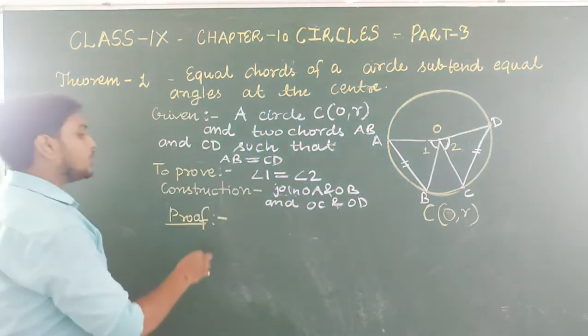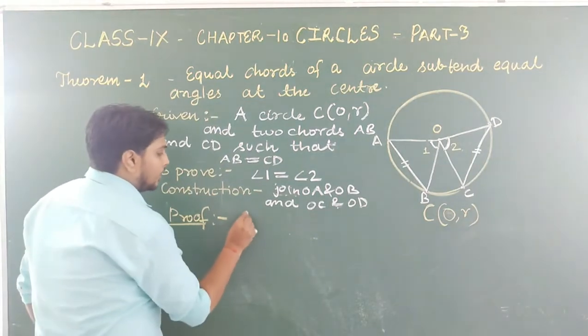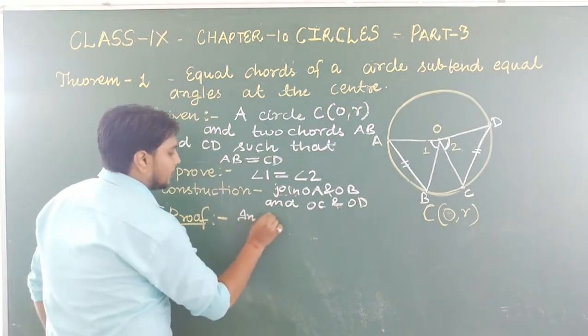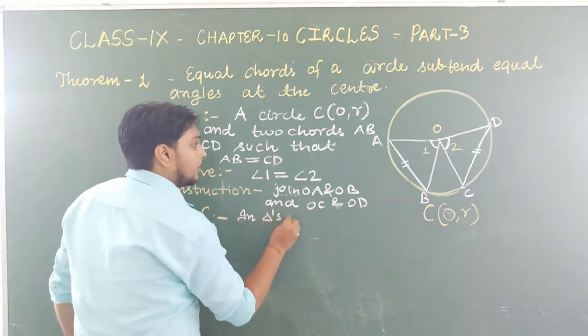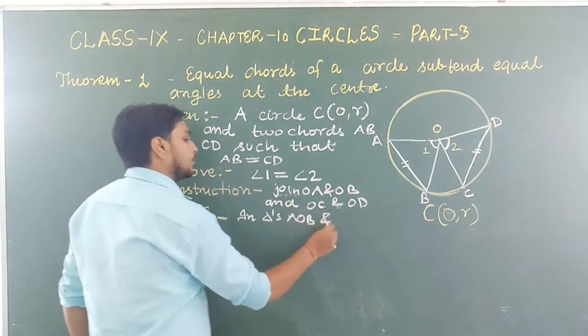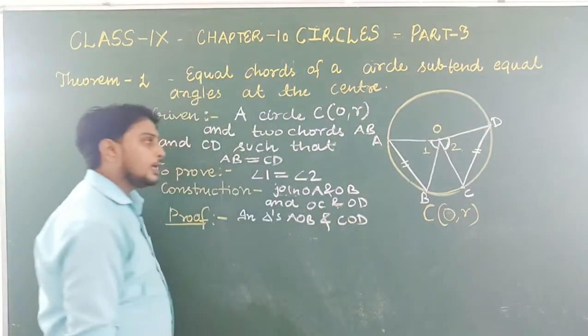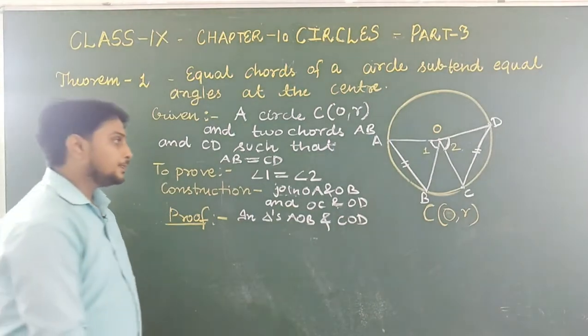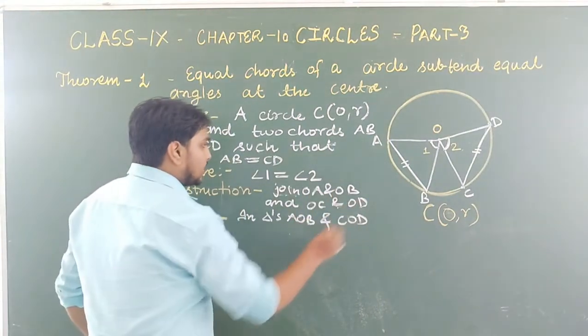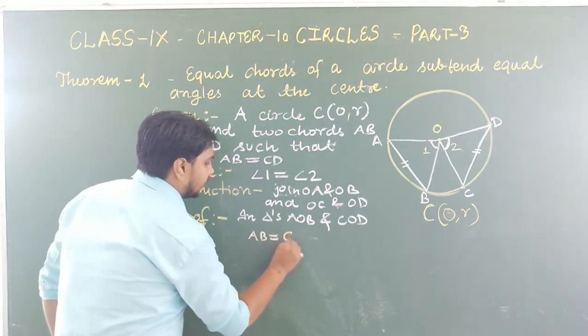So here you can see, we will write that in triangles AOB and COD, it is given that AB is equal to CD.